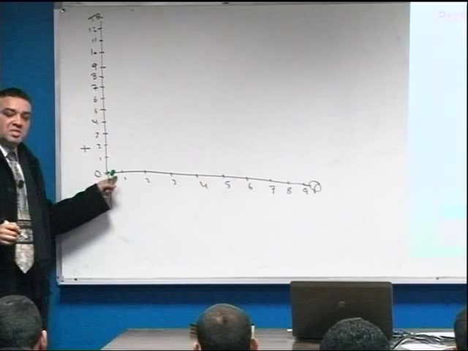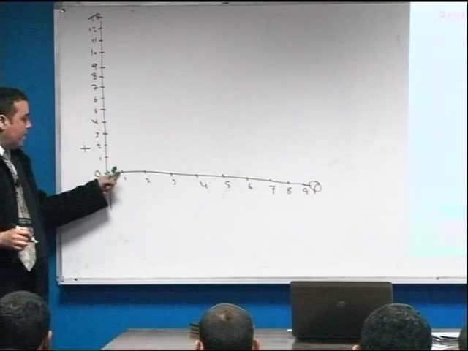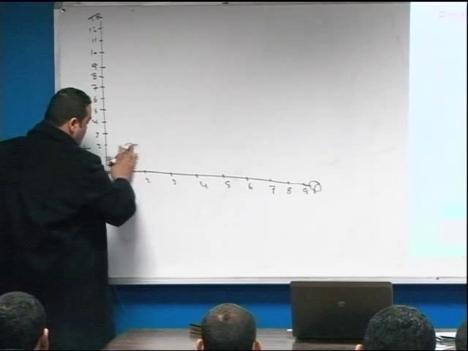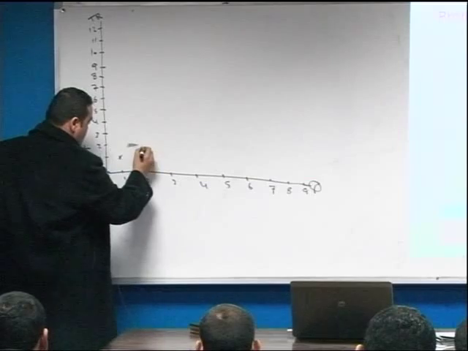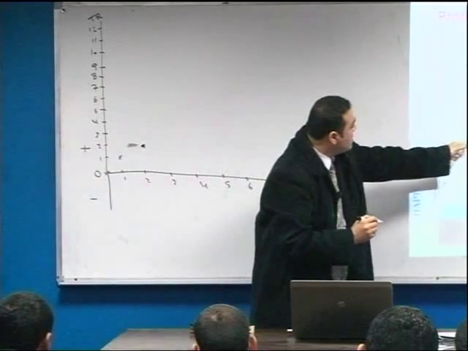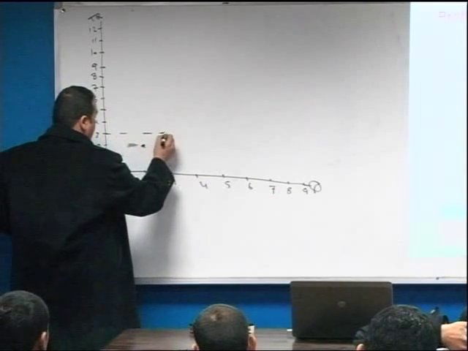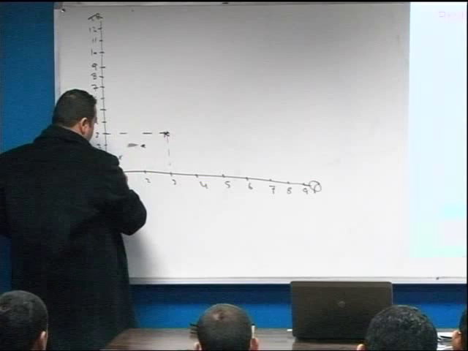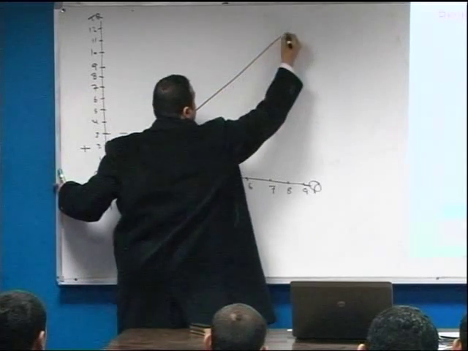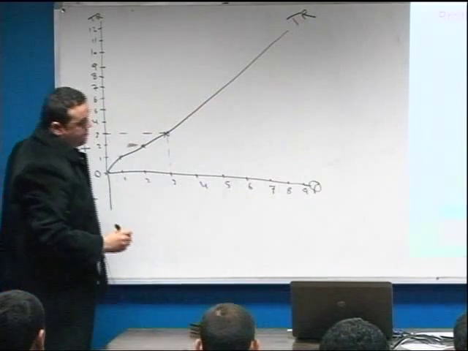If the quantity equals 0, the total revenue equals 0 as well. 1, 1, 2, 2, 3, 3. If we connect these points together, we will reach the total revenue curve. This is called the total revenue curve.